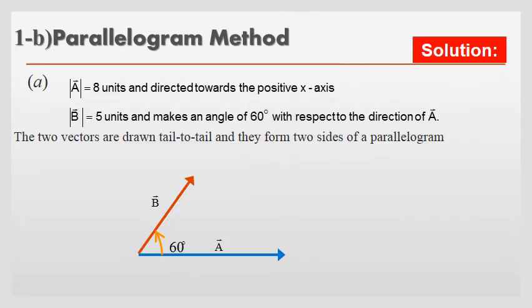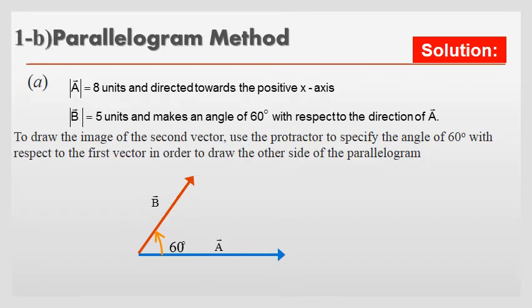Now the two vectors A and B are drawn tail to tail with an angle of 60 degrees between them. Actually, these two vectors form two sides of the parallelogram.